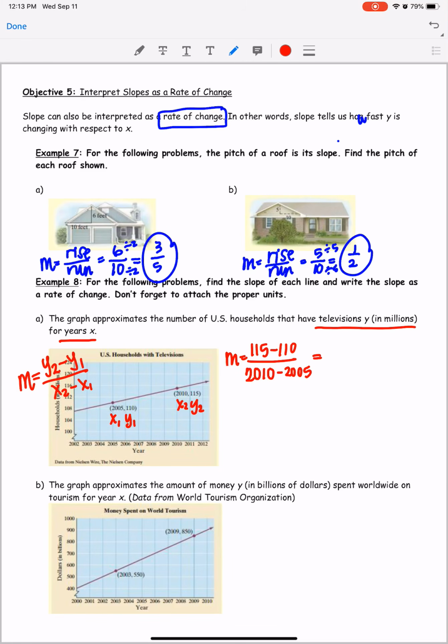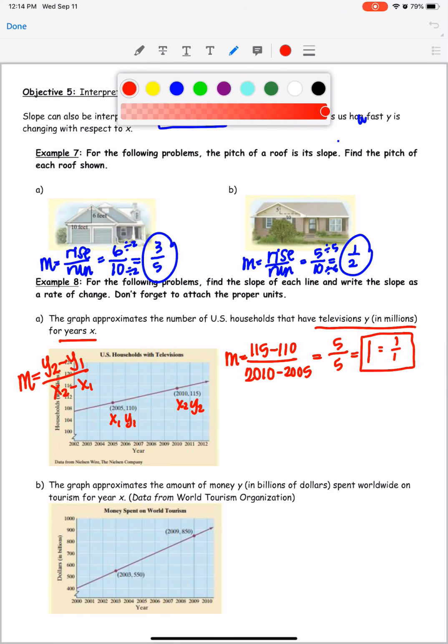So reduce. 115 minus 110 is 5. 2010 minus 2005 is 5. So my slope is 1, or 1 over 1 for rise and run graphing purposes. So that's me finding the slope.